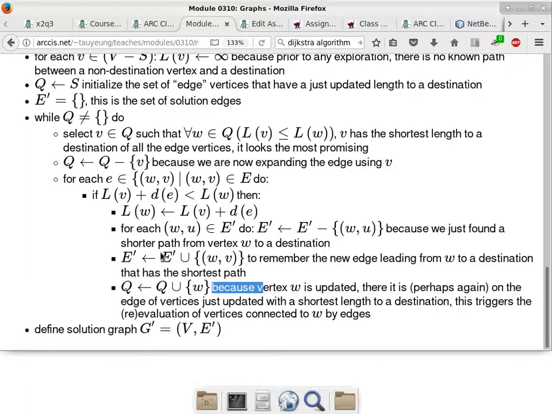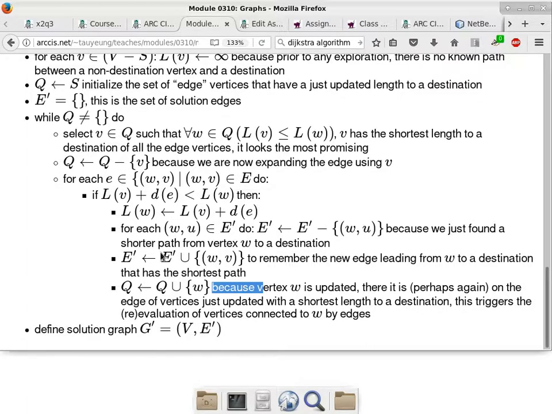In other words, in the next iteration or some future iteration in the while loop, I'm going to look at W and go like, okay, who is going into W? Because whatever vertex is going to W can potentially have its shortest path updated as well. So, do you see what I mean?